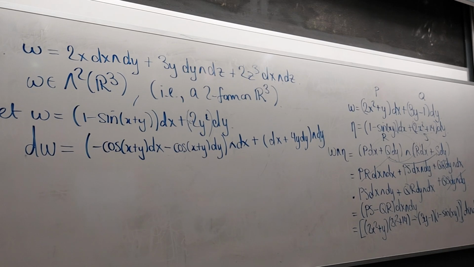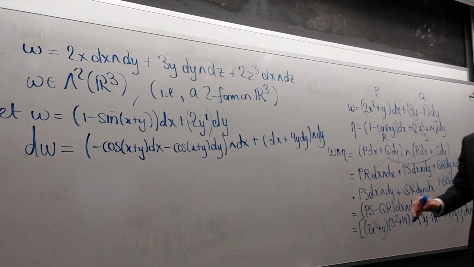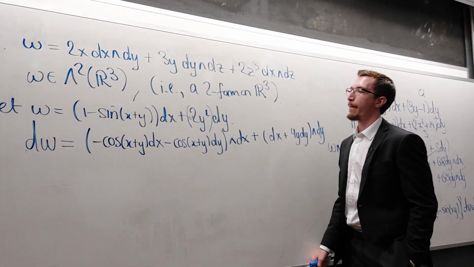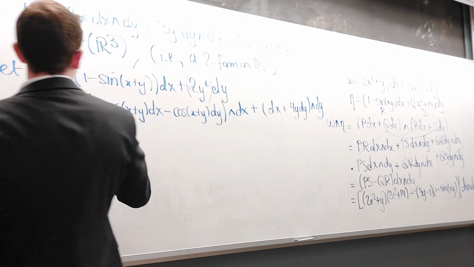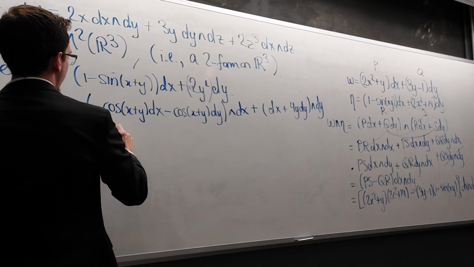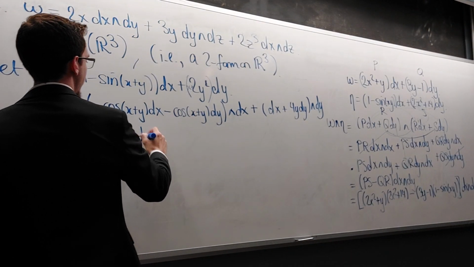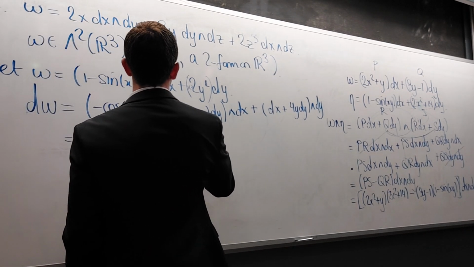I haven't done anything other than differentiate. Notice this is exactly what you do when you do implicit differentiation. You always put a dx after you differentiate with respect to x, and dy when you differentiate with respect to y. Okay, so expand this out. I get minus cosine(x plus y) dx wedge dx.